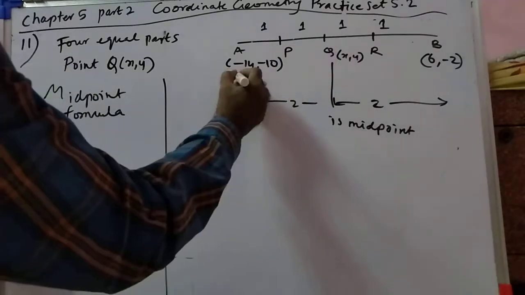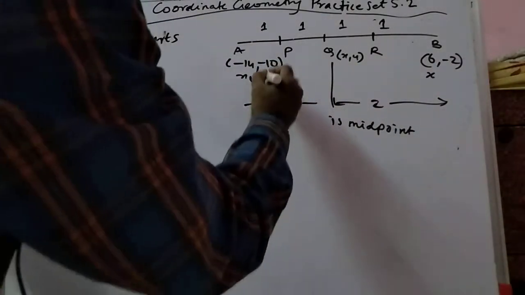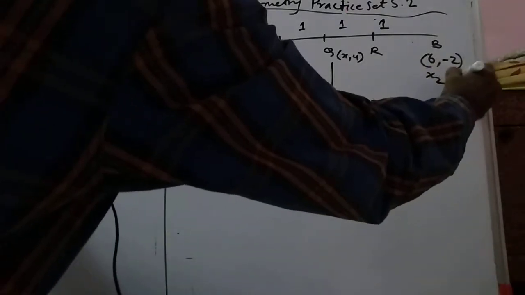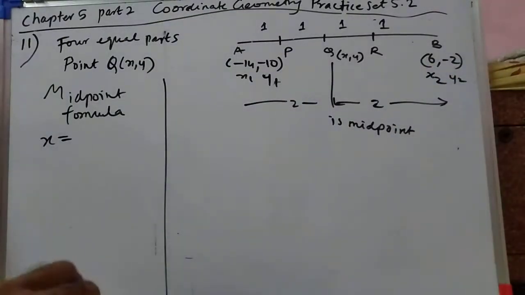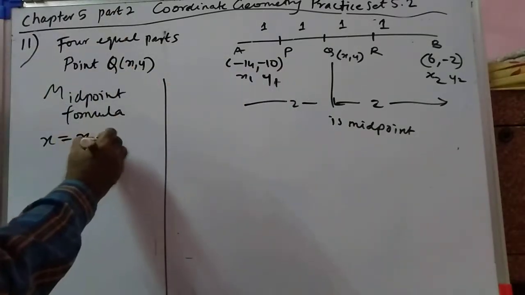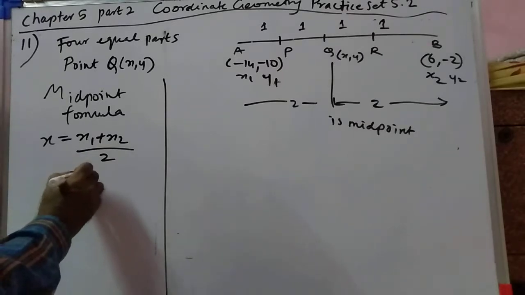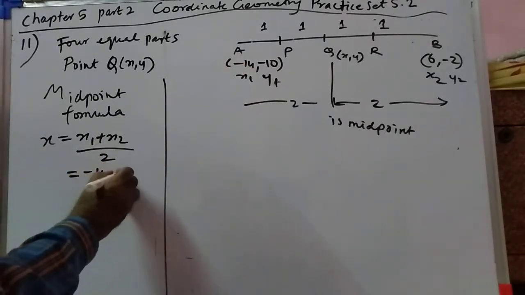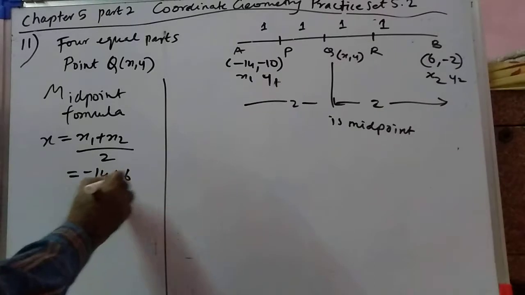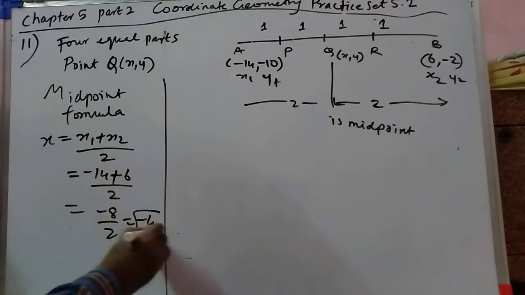Take it as x1, y1, x2, y2. Now apply the formula. X is equal to x1 plus x2 upon 2. So that is minus 14 plus 6 upon 2, minus 8 upon 2, minus 4.